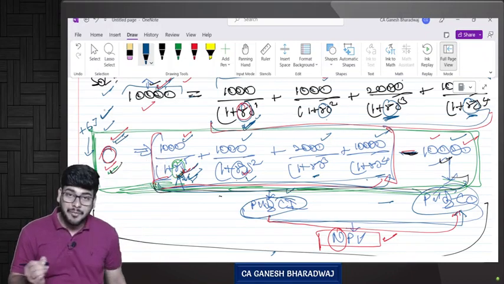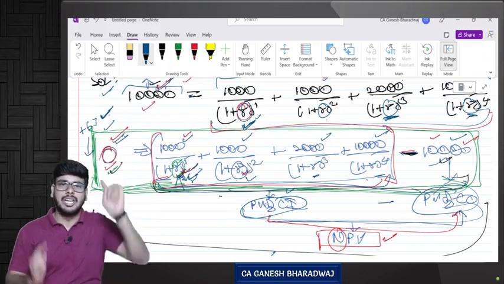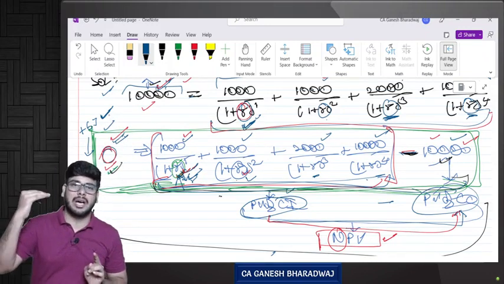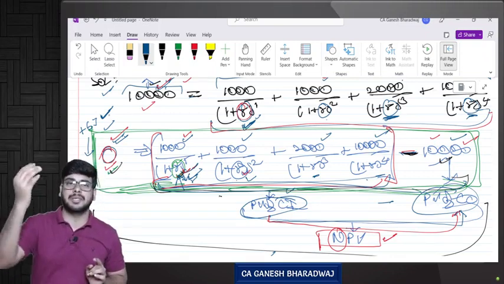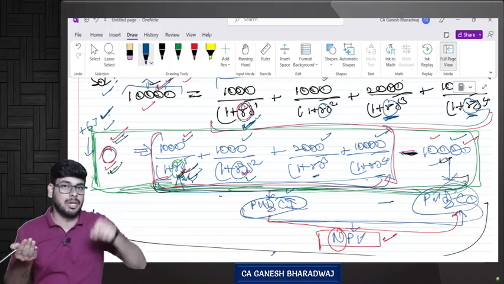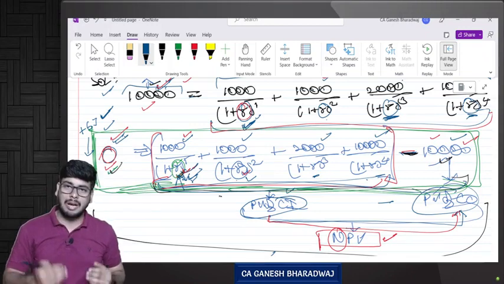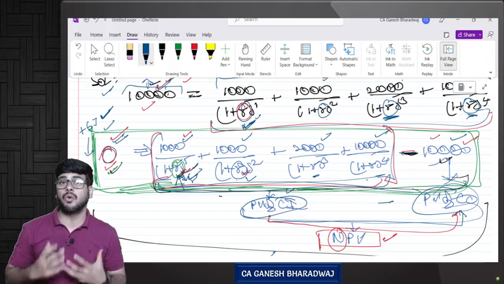But if I keep R as 10%, my NPV is coming to 67. So definitely, I need to increase my R value beyond 10%. Only if I increase this, the final answer will come down from 67. It will come down to something, because 0 is less than 67, right or not? Yes. So this is how you need to think.